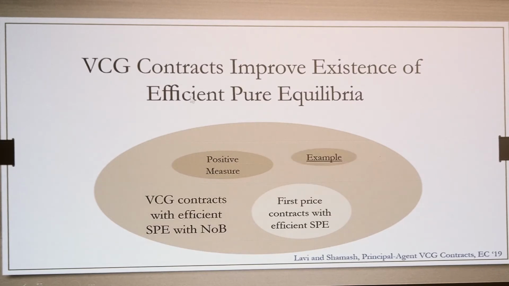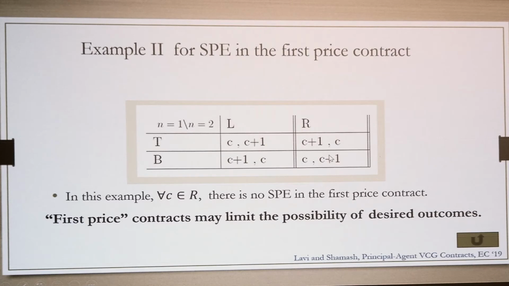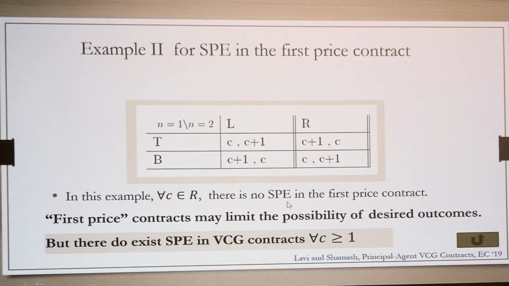An example for a set of games which have an SPE in the VCG contracts and do not in the first price contracts is this game that we saw earlier with 2 agents and 2 principals. It turns out that for any C that is higher than 1, it does have an SPE in the VCG contracts.